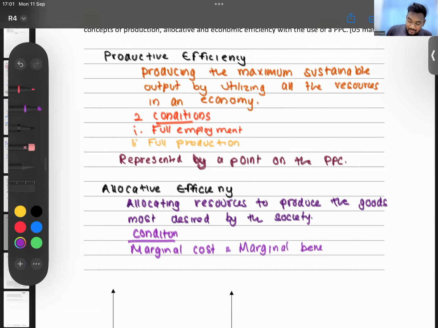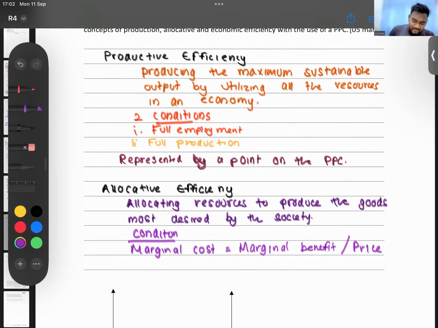Instead of MB, we can also say what? The marginal benefit can also be substituted with the price.